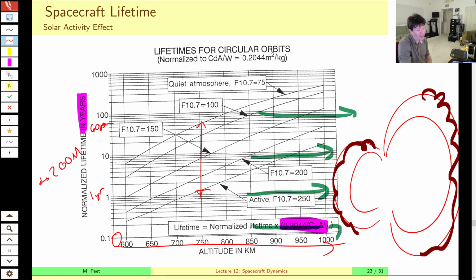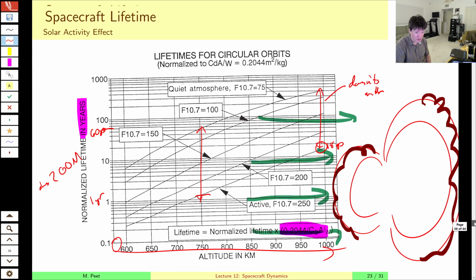And then when you get way out, there's still 2 orders of magnitude change, but it doesn't matter. Well, I mean, clearly, maybe that's 18 years. But solar maxima don't last 18 years, so at this point it doesn't matter. Let's see if we can adjust this. There we go.